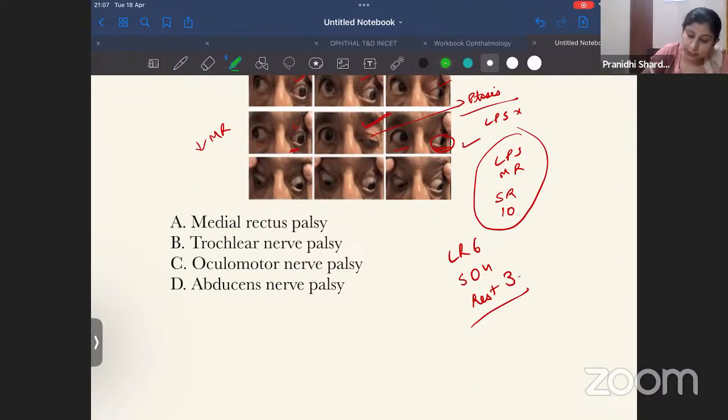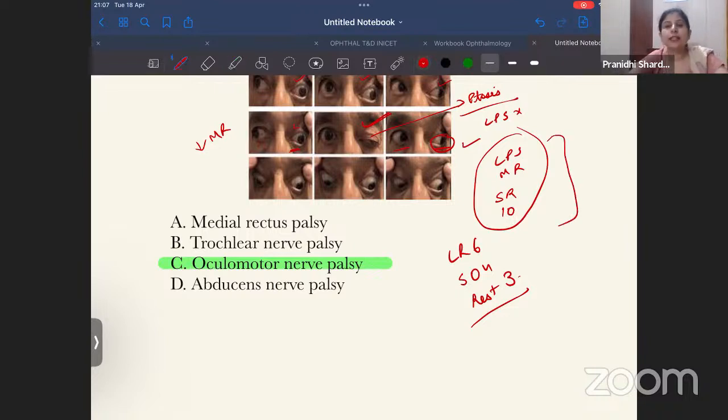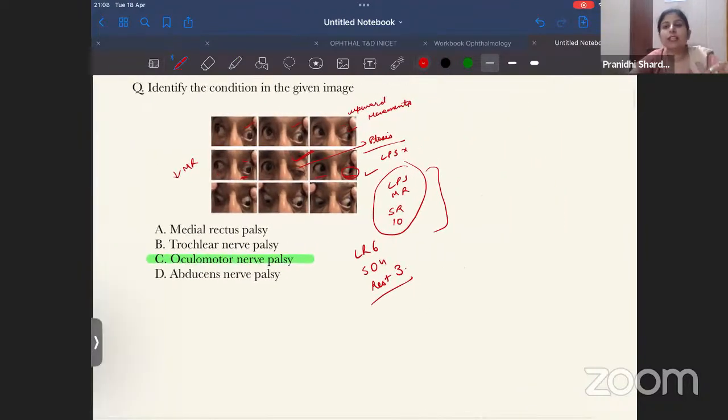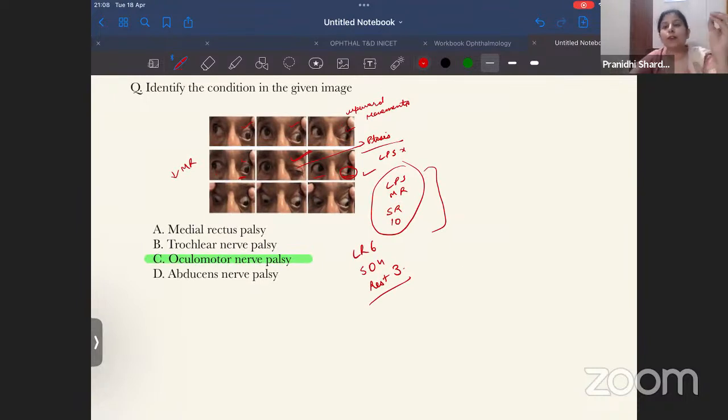The diagnosis comes out to be the oculomotor nerve palsy, because the function of all of these muscles which we discussed is deficient. So this is a very straightaway question. Even for this question, you need not look at the other images, but if you want to be sure, you can look at the other images also, and the answer comes out to be the third nerve palsy.